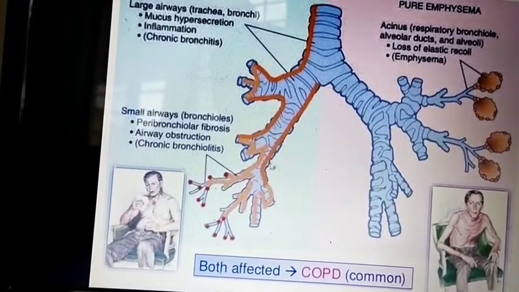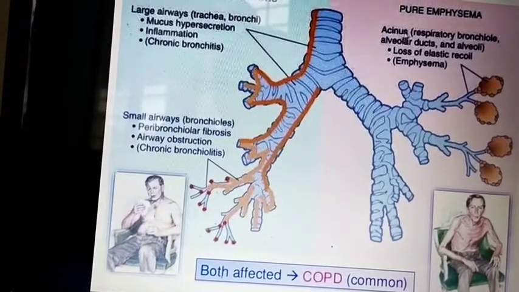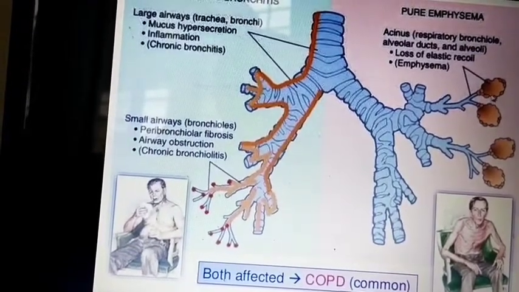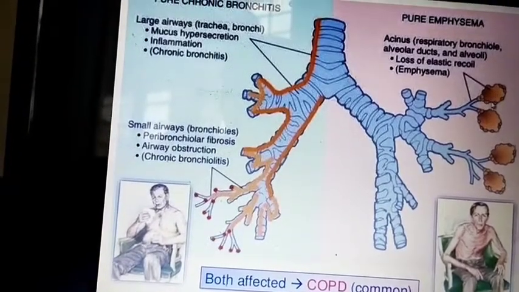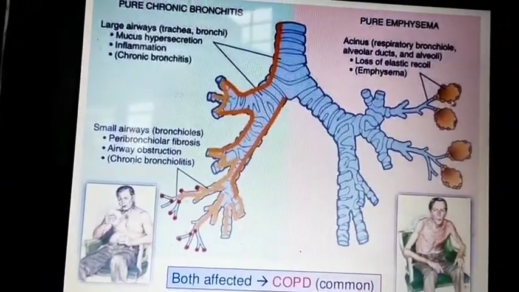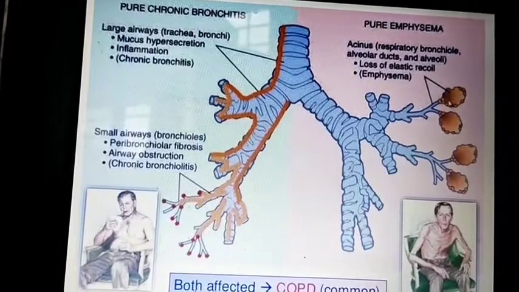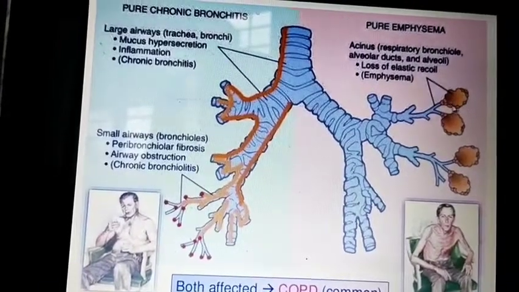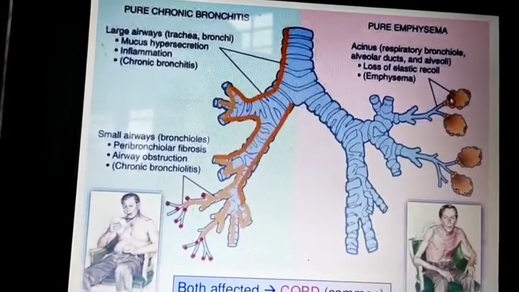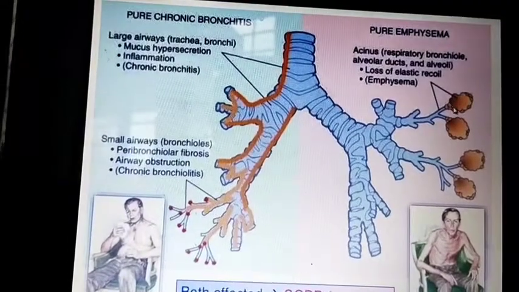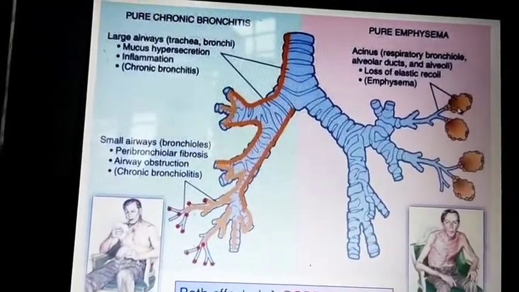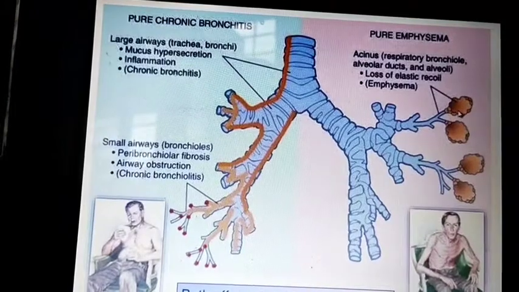And in pure emphysema, the acinus is involved, meaning the respiratory bronchioles, alveolar duct and alveoli. And here, what has happened? There is loss of elastic recoil, meaning the surfactant was destroyed.